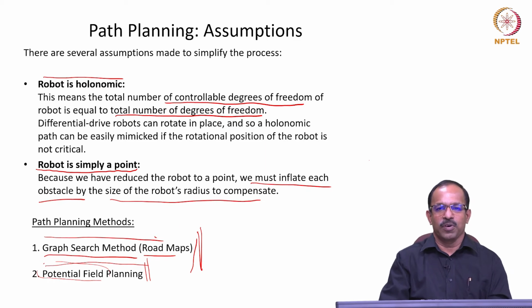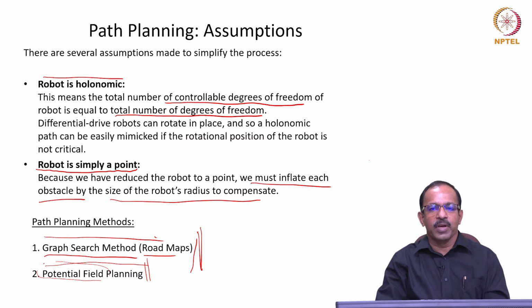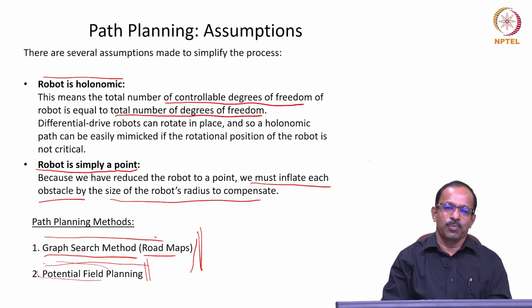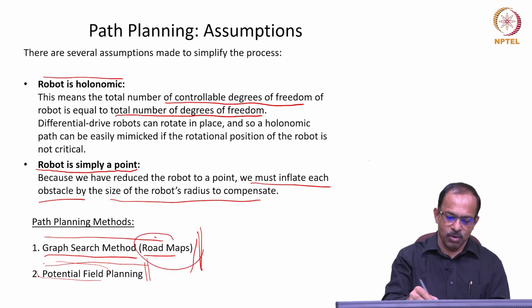So, if you want to go from your institute to a market or some other unknown location, you can search in the Google Map, and then Google Map will show you multiple paths. It will show you all the possible ways in which you can reach. So, it will create a road map to reach the location.